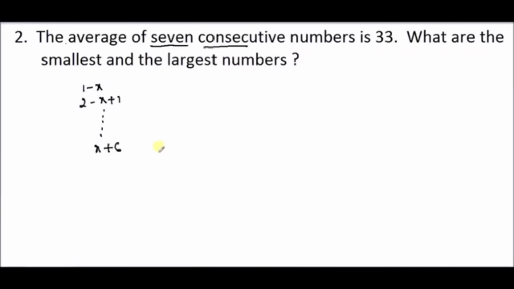Now they have given that the average of 7 consecutive numbers is 33. Now average is equal to simply the sum of the items divided by the number of items. What do you mean by sum of the items?